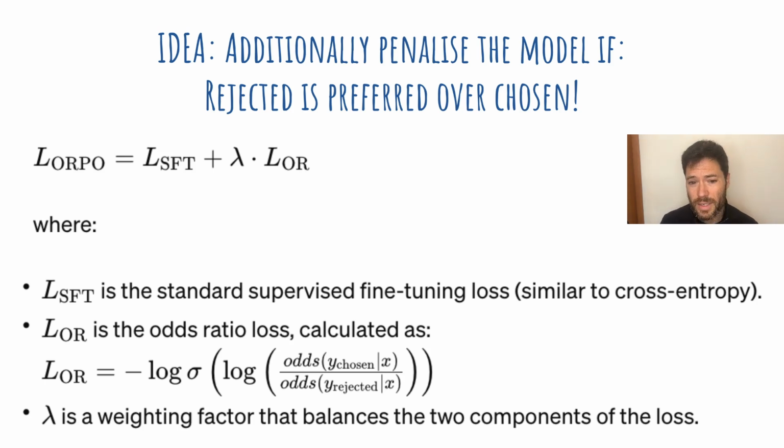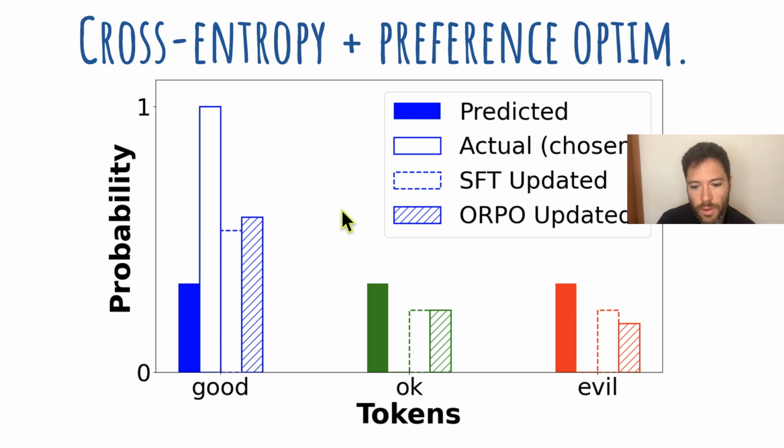So if the model is saying that good is 30% and evil is 70%, well, that means the model thinks that evil is the preferred response, which is wrong. So we are going to penalize it because the ratio of that 30% to 70% needs to be flipped to prefer good over evil. Let me just show that graphically.